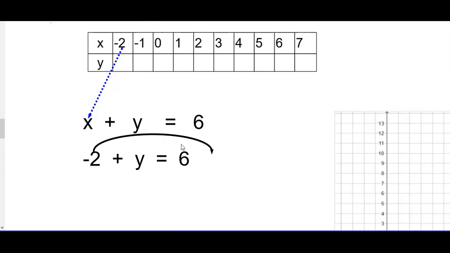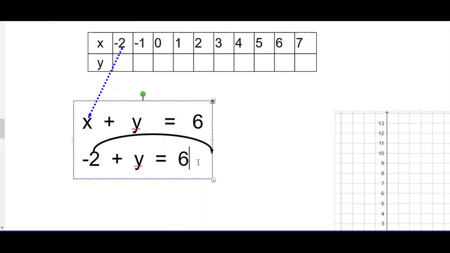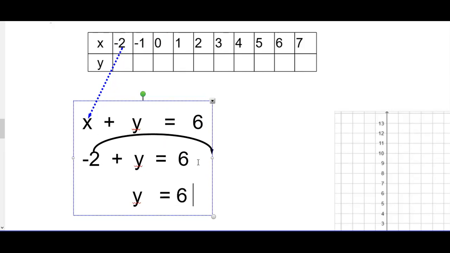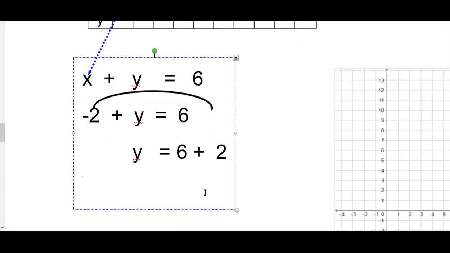When you transfer -2 to the other side, you're gonna have y equals to 6. But remember, since this is negative, when it goes to the other side, it becomes positive. So you're gonna add 2, and that becomes y equals to 8.